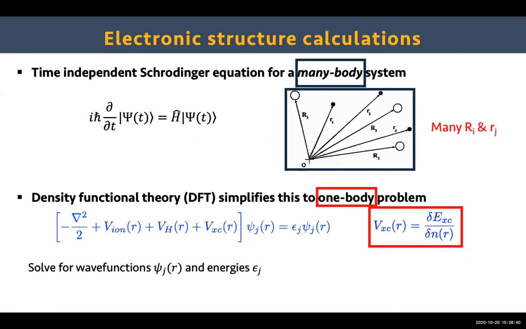As Glenn talked about a bit, electronic structure calculations. Our aim here is to perform simulations of ions and electrons at the atomic level using quantum mechanics, hence the Schrödinger equation.